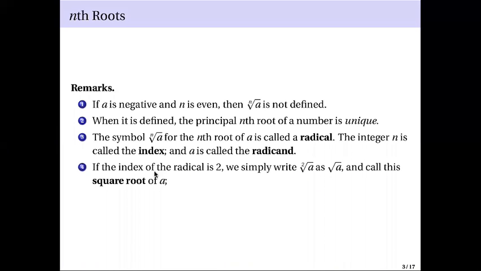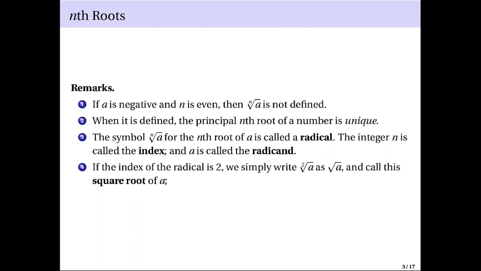If the index of the radical is 2, meaning if n is equal to 2, we simply write that symbol this way. We can remove the value 2 there. And we call this square root of a. You can also say second root of a, but for this case, we'll just say square root of a.